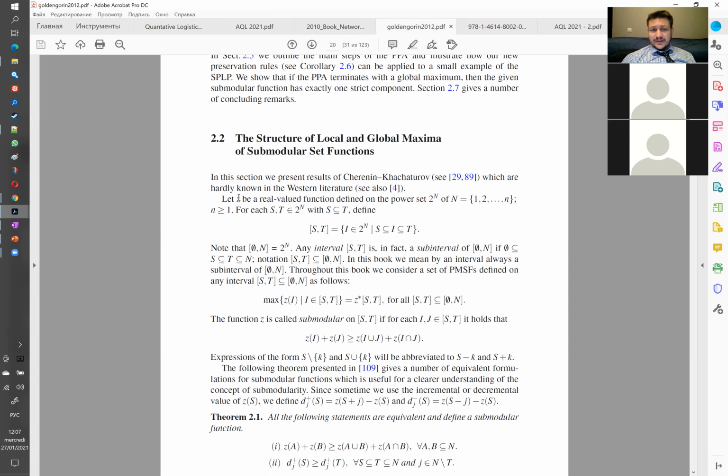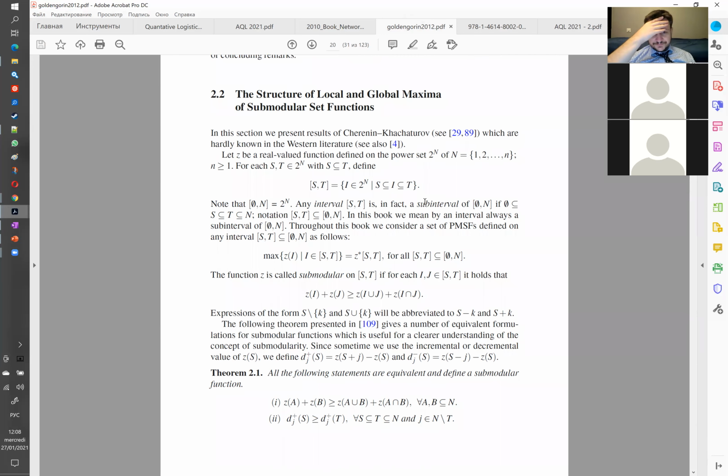So let Z be just a real valued function defined on the power set. It's very similar to our problem, because we can assign a special weight or a special value for a subset. It's important that it's not only for members, so for every city, but for sets, for every subset of cities that were chosen for our offices to build there.